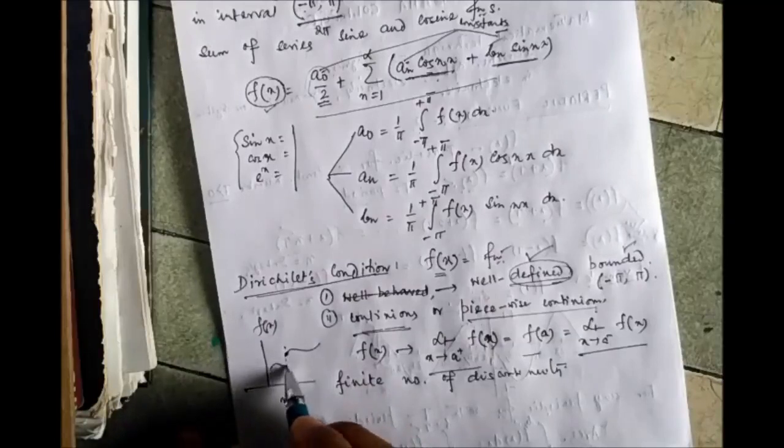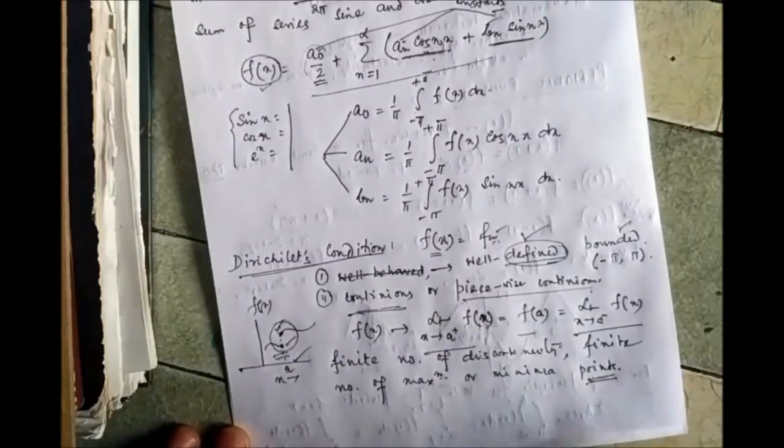Now you can see that at x equal to a, the function has two values. One is here and one is here. So this function has a discontinuity at x equal to a, right? If the number of discontinuities is finite, then the function can be represented as a Fourier series.